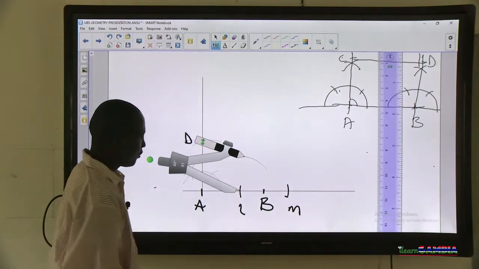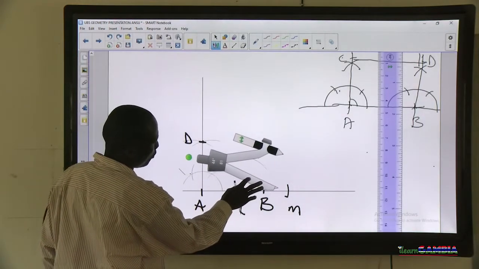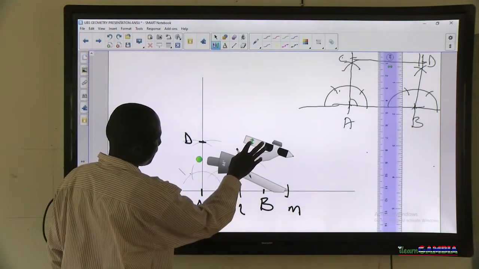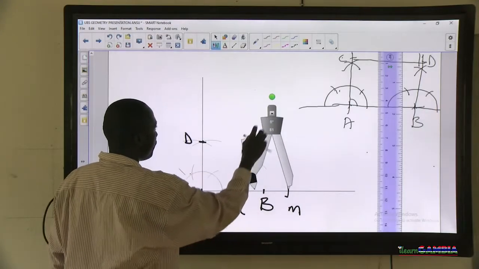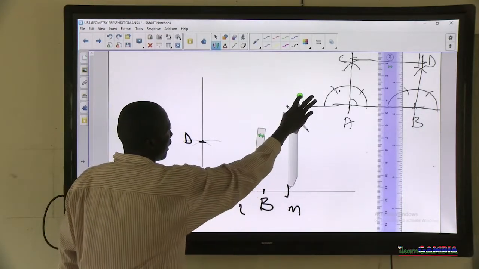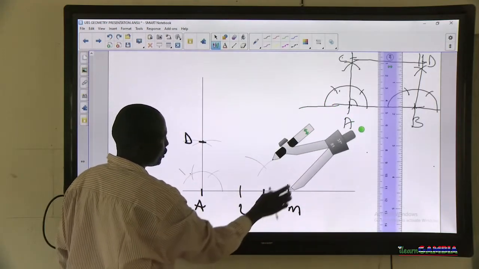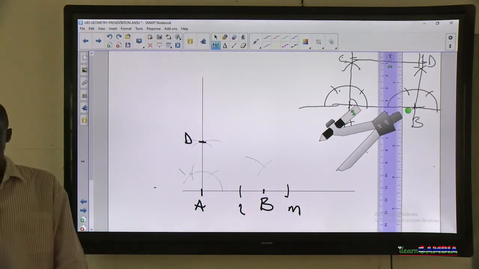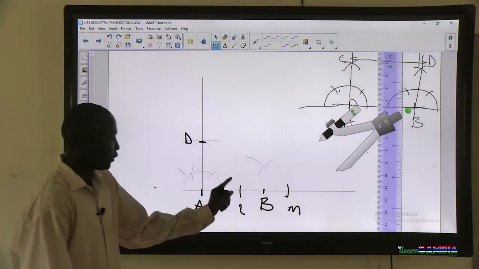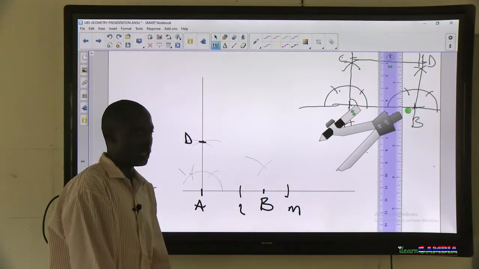With the same radius, I go to point M to draw another arc. You can see that these two arcs have intersected somewhere. That point of intersection will be joined to B with a straight line.